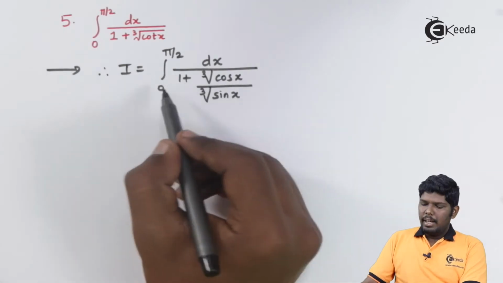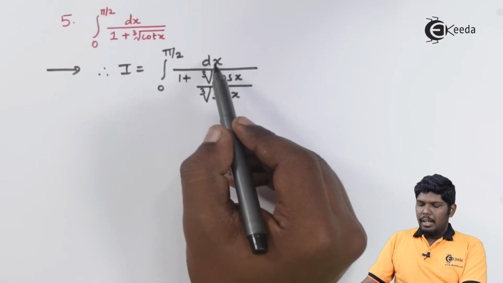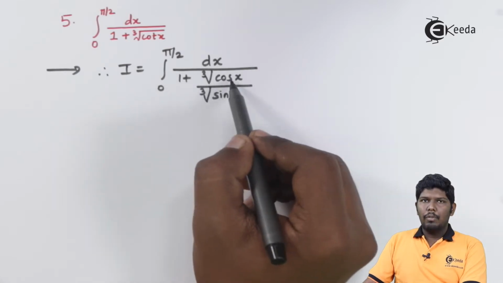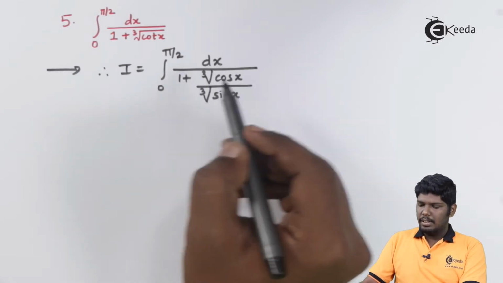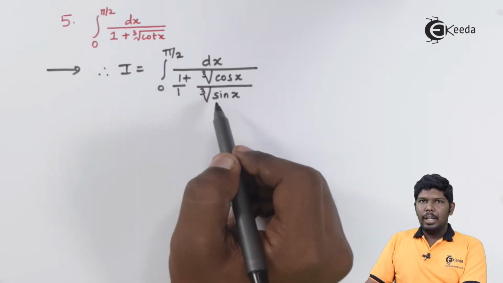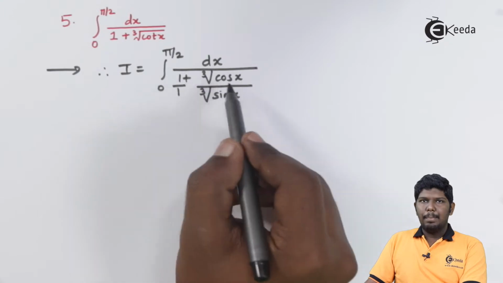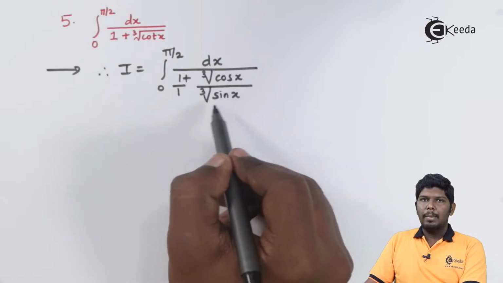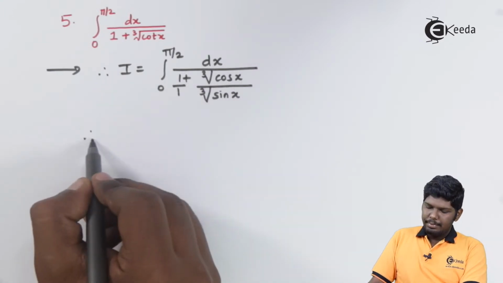So we have integral 0 to pi by 2 dx upon 1 plus cube root of cos x upon cube root of sin x. After solving these two fractions, this will give you cube root of sin x plus cube root of cos x, the whole divided by cube root of sin x.